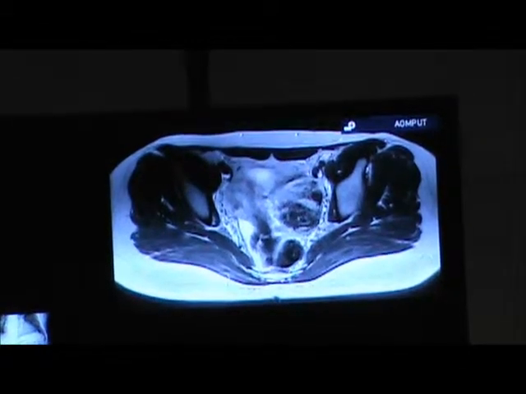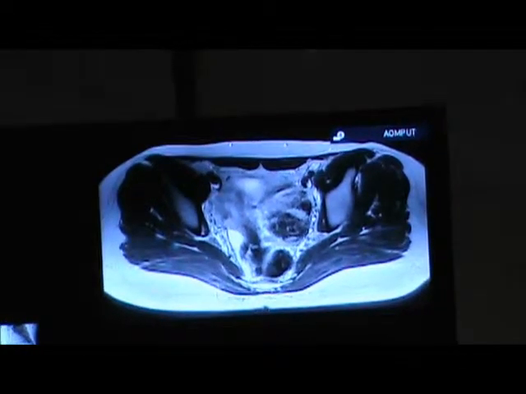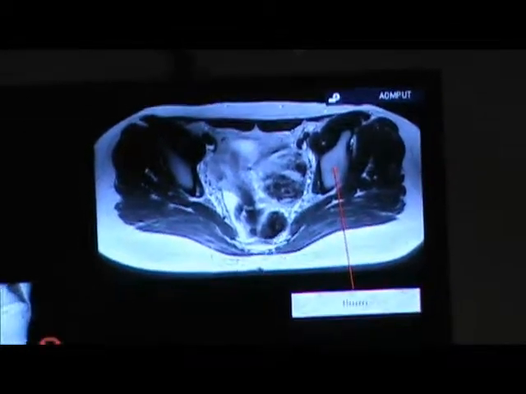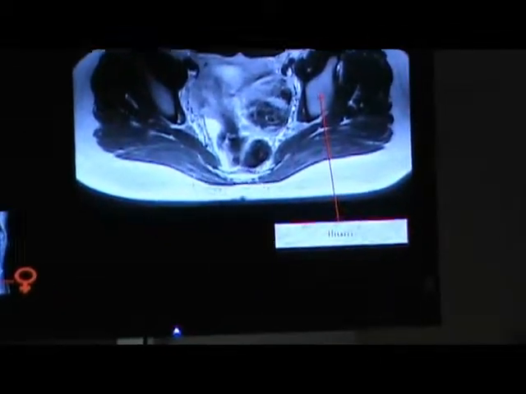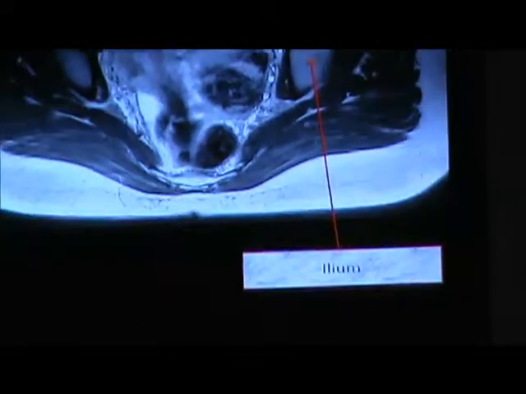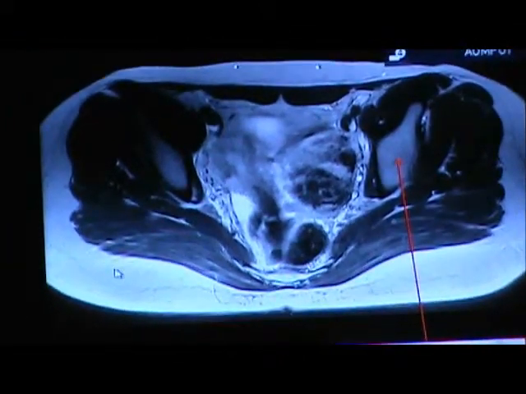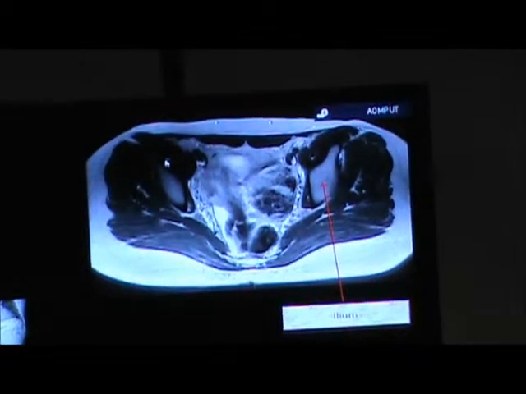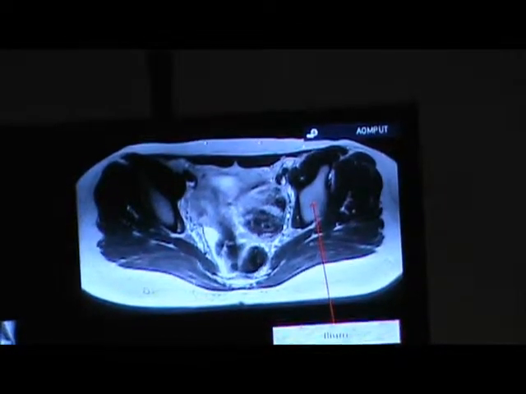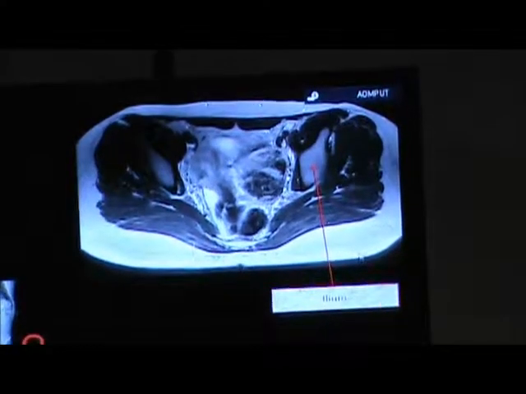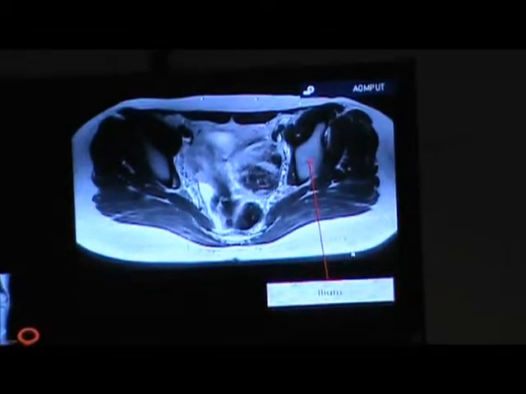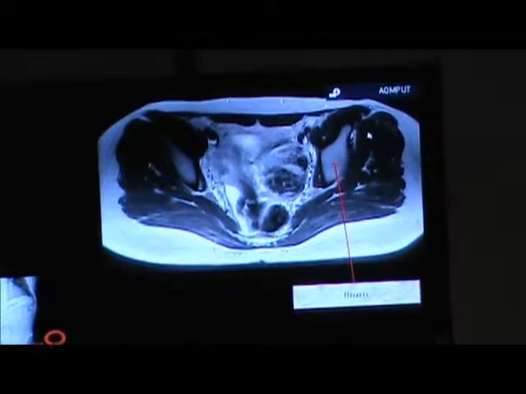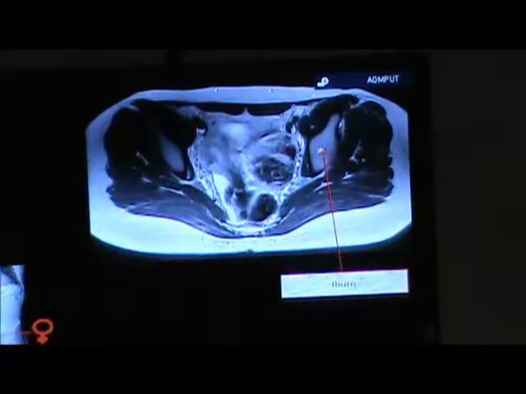This is the female pelvis, and we can see some of the bony structures. The white tissue that surrounds the muscles is fat. This is fat, so the subcutaneous tissue mainly. And we have bony structures such as the ilium here and here.